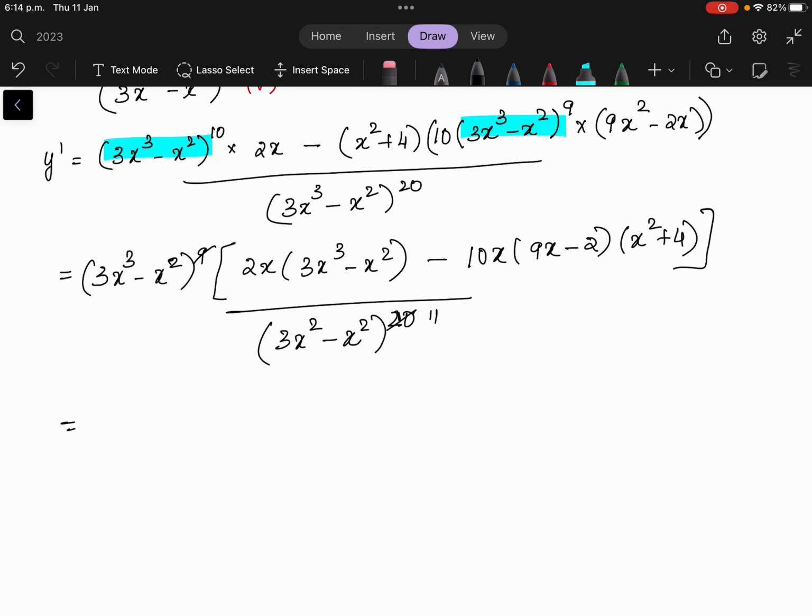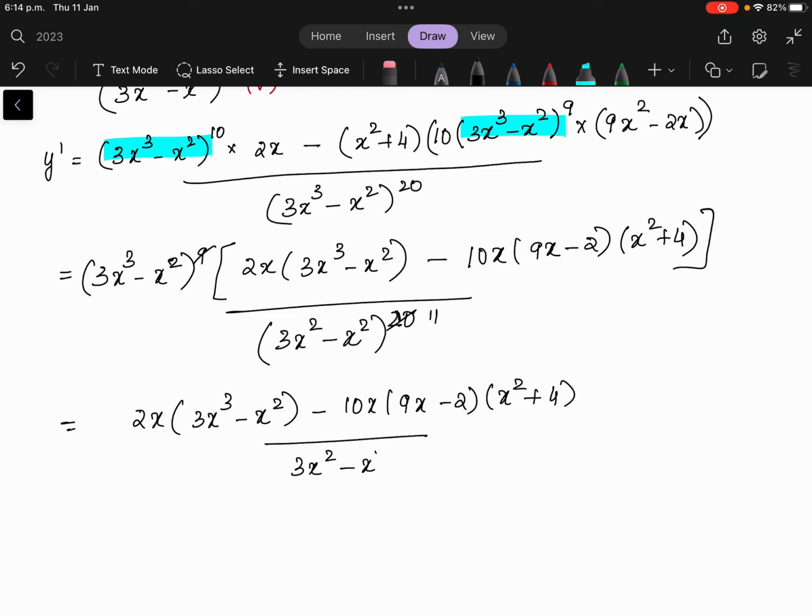I'm going to simplify the numerator now. So that will be 2x times 3x cube minus x square minus 10x into 9x minus 2 times x square plus 4, divided by 3x square minus x square to the power of 11.